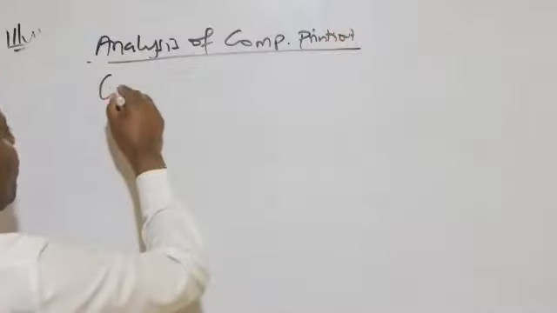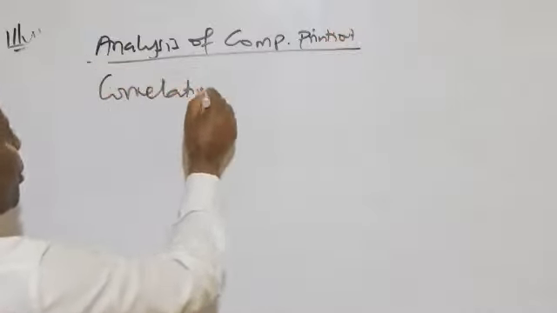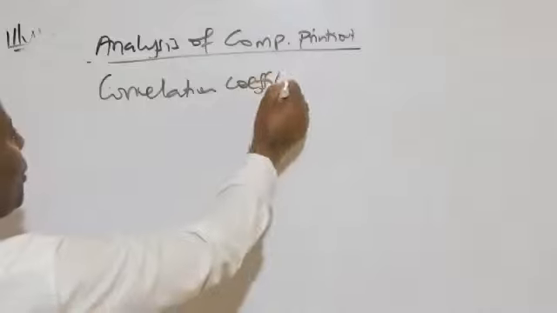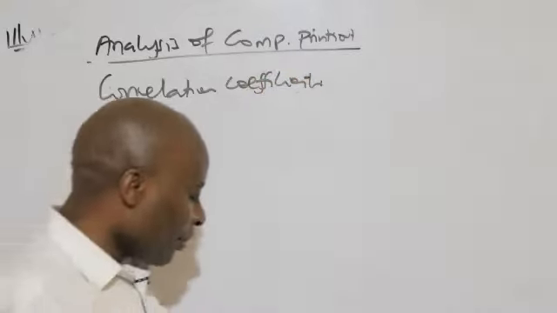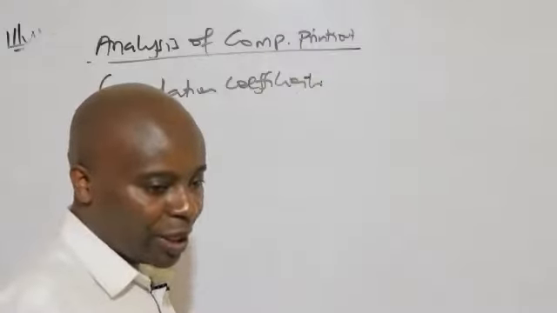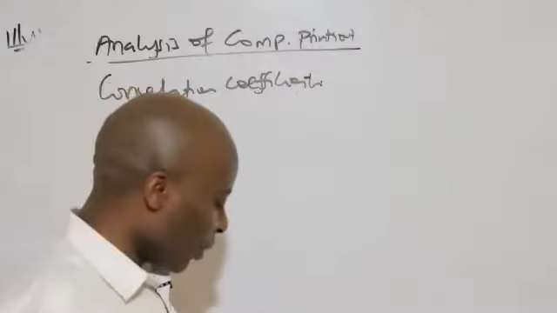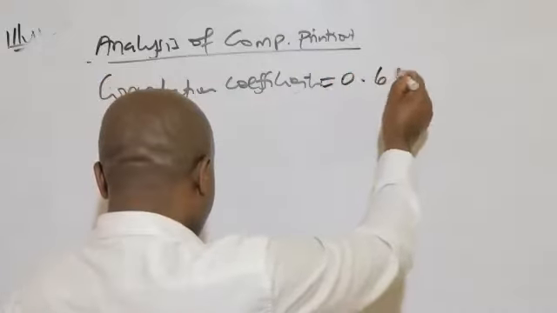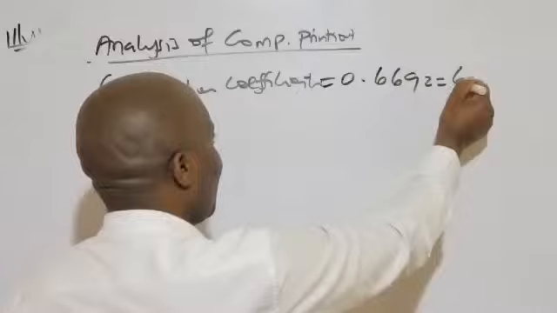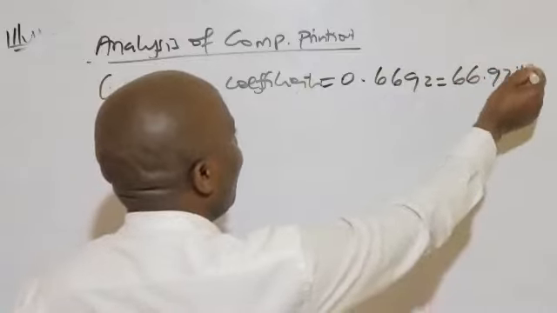I will start with the correlation coefficient. The correlation coefficient, what they are calling multiple, is basically for multiple regressions. It's for multiple variables. So I can see the computed correlation there is 0.6692, which is the same as 66.92%.